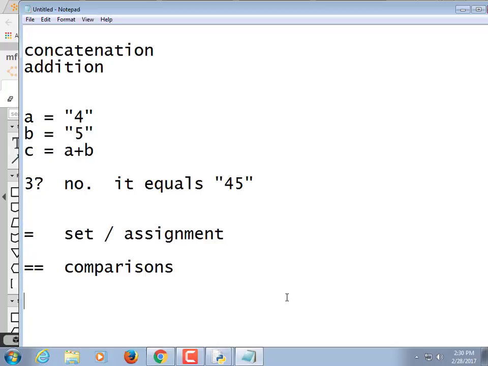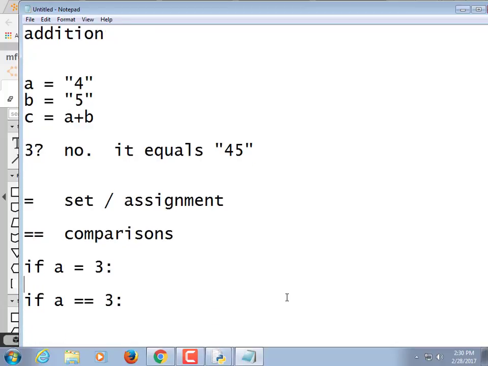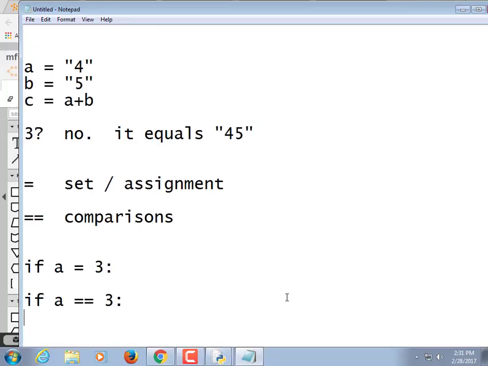Why does that matter? How do you write an if statement? Do you write it like this? If A equals 3? Or do you write if A equals 3 with 2 equals? Which is a better if statement? That one? Yep.